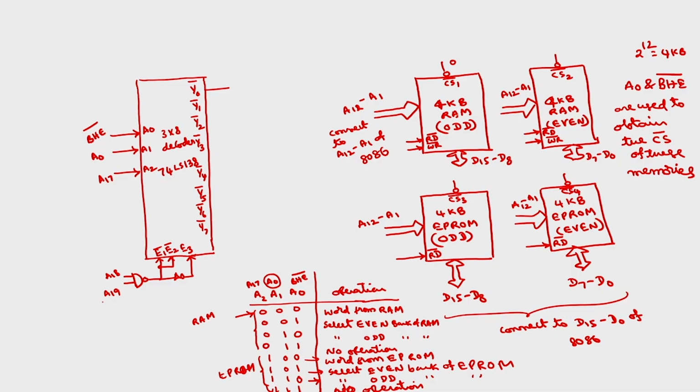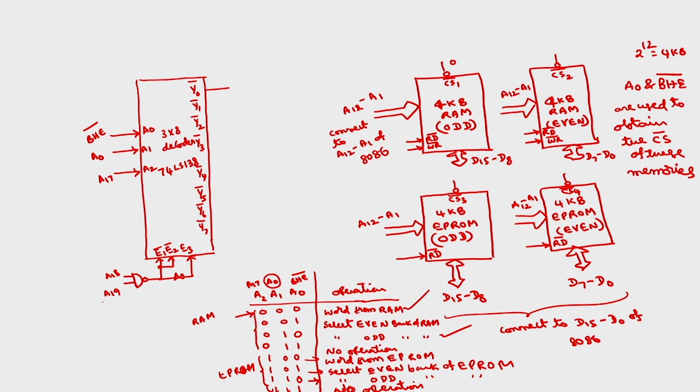Now, in order to select CS1, how to obtain the Boolean expression for CS1. Okay. This is 4 kilobytes of the odd RAM bank. Here also this odd RAM bank has to be selected as well as here also, because if I want to select the word, both even and odd banks have to be selected. So in the first combination also we need the first RAM odd bank, and in the third combination also we need this.